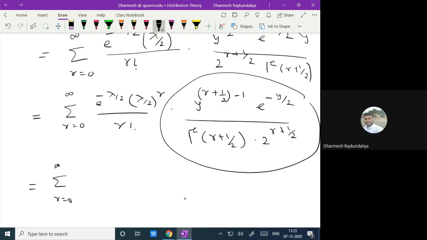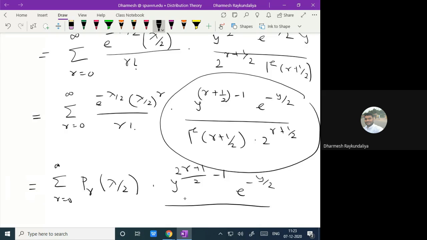So can I write it as a Poisson with r and parameter lambda by 2? This is the probability mass function of the Poisson distribution with parameter lambda by 2, into y raised to 2r plus 1 by 2 minus 1, e raised to minus y by 2.